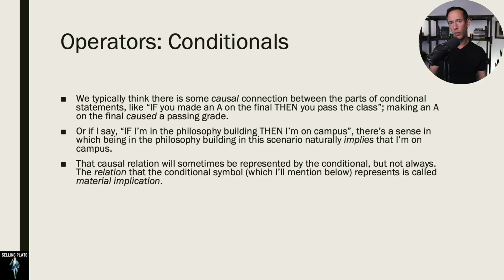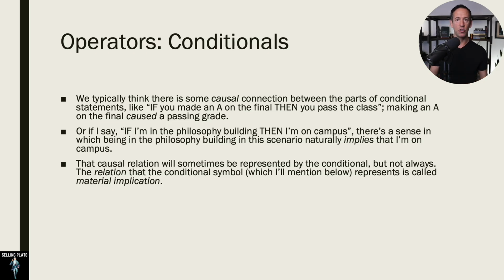That's the ordinary way that we use conditionals for the most part. And so that causal relation will sometimes be represented in our logical language by the conditional, but not always. There will be other kind of weird cases. So the relation that the conditional symbol represents is what we call material implication.